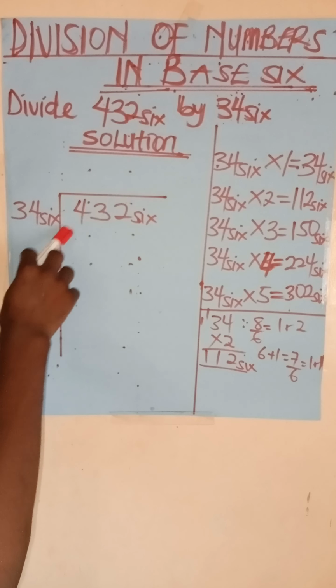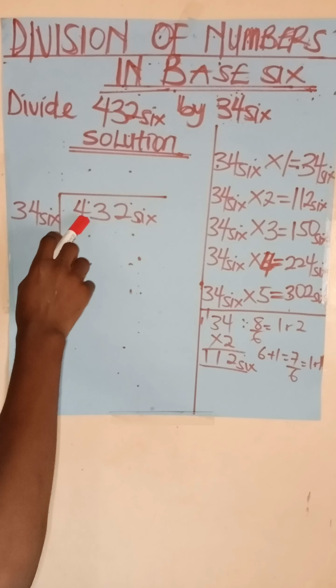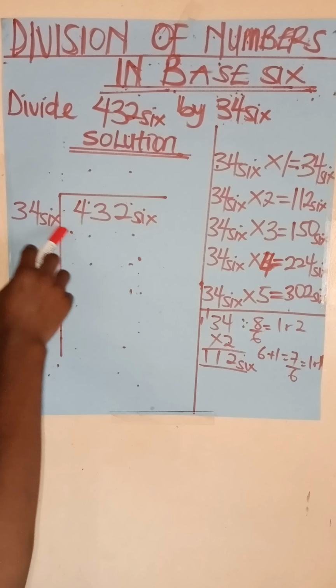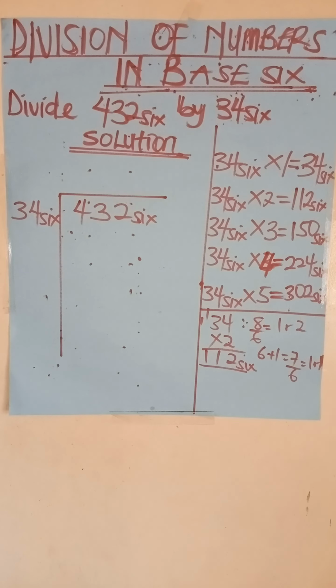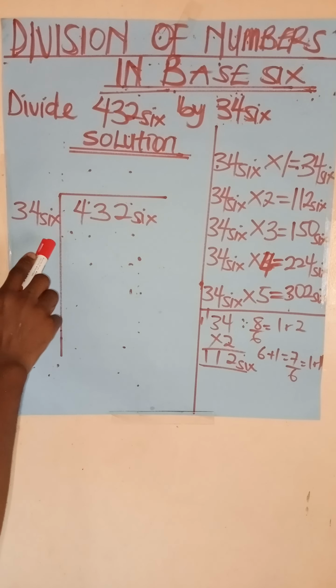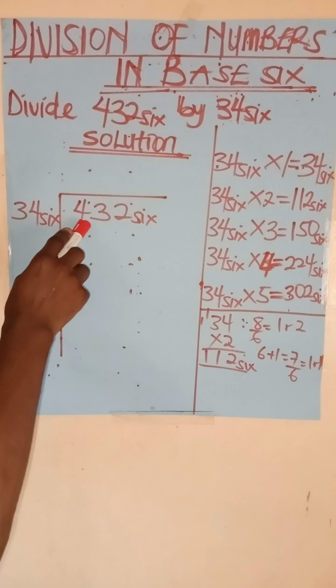432 base 6 divided by 34 base 6. Now let's go. Don't forget that we are using the long division method. 34 base 6, that is 3, 4. How many 34 in base 6? So don't forget, how many 34 can we see in 4?